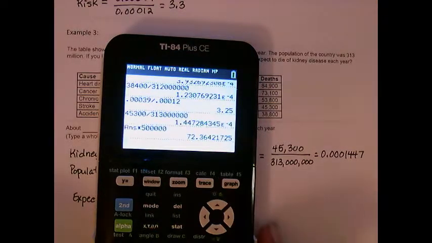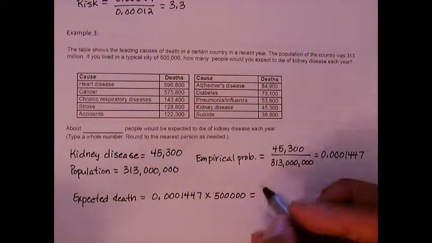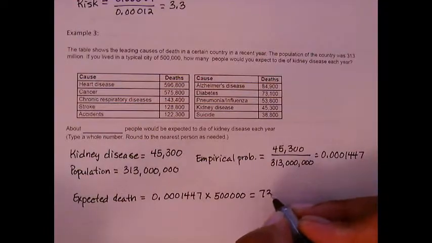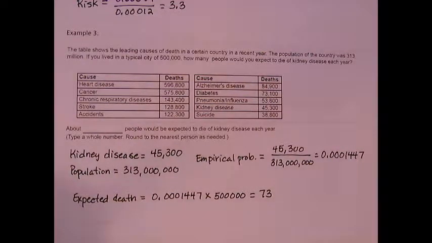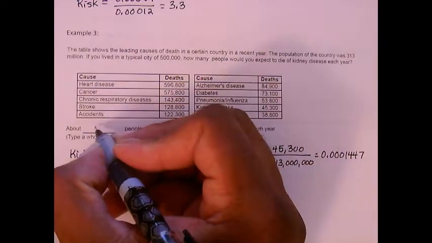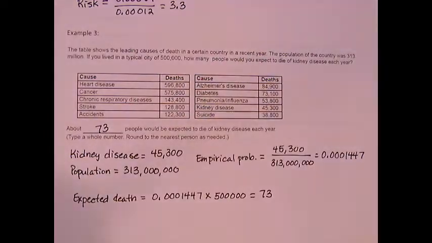So in this case, it will be 73. So about 73 people would be expected to die of kidney disease each year if we lived in a typical city of 500,000.